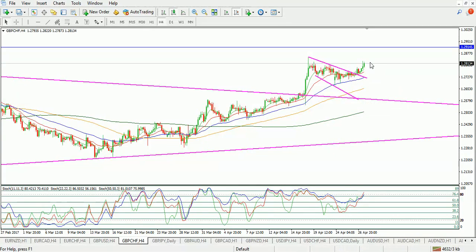I am, however, waiting to see if there'll be some kind of pullback from this high over here down to a similar level, and then I will enter the trade again. So for those of you who are not in this position, wait for some kind of a pullback to this level again, and you could enter this position to get the rest of the move if it doesn't go there straight away now.